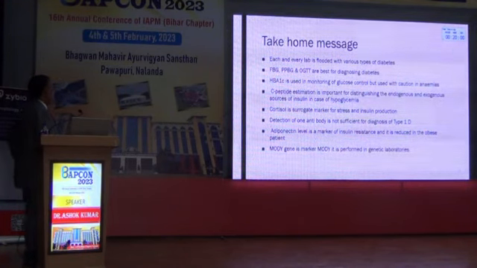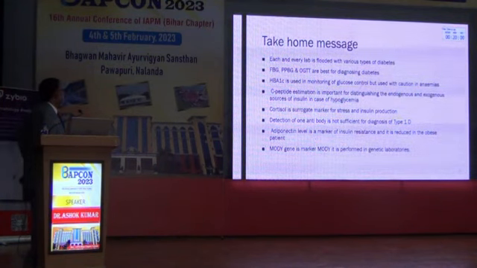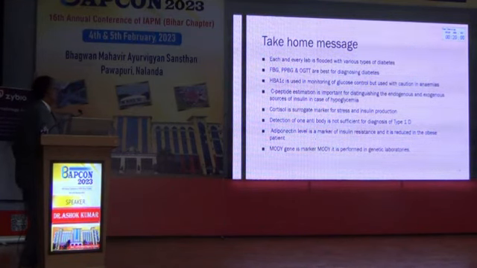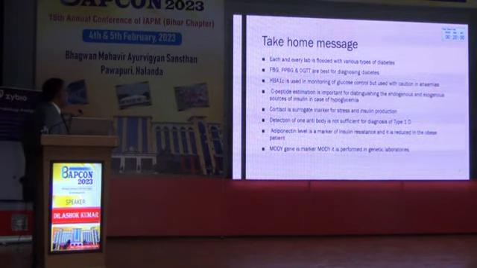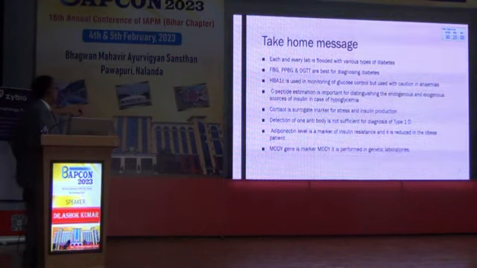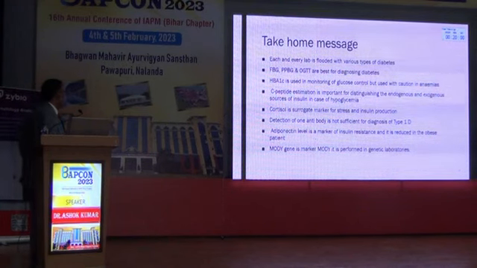C-peptide estimation is important for distinguishing endogenous and exogenous sources of insulin in hypoglycemia. Cortisol is a surrogate marker for stress and insulin production. Detection of one antibody is not sufficient for diagnosis of type 1 diabetes. Adiponectin level is a marker of insulin resistance and is reduced in obese patients. MODY gene marker testing is performed in the genetic laboratory.